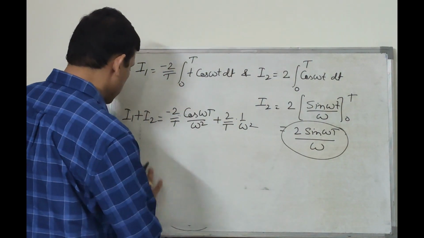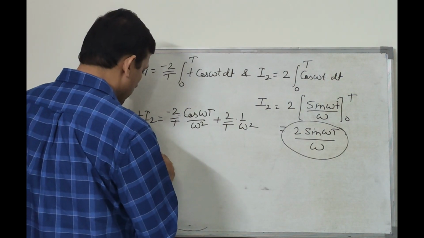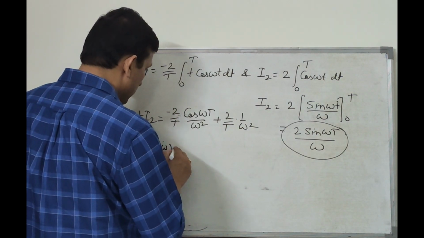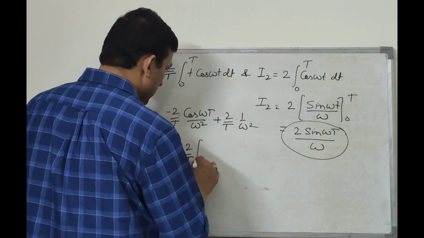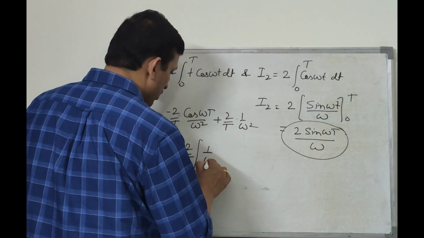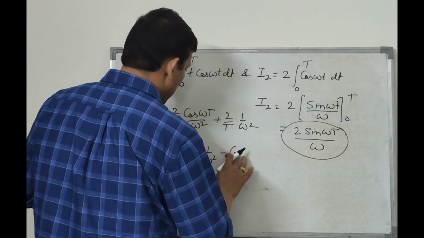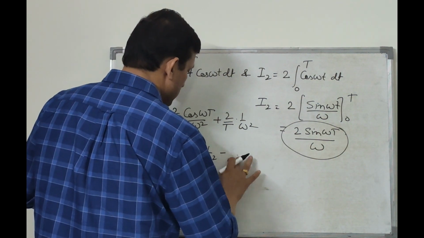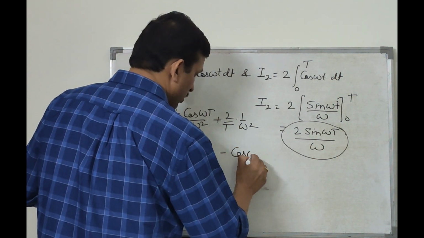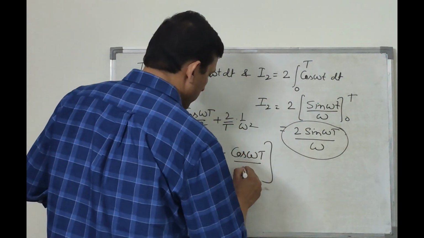That means I1 plus I2 was the Fourier transform H1 j omega. Let's take this 2 by t outside, and what will it be? 1 upon omega square minus cos of omega t upon omega square.